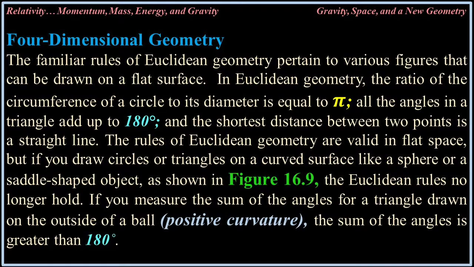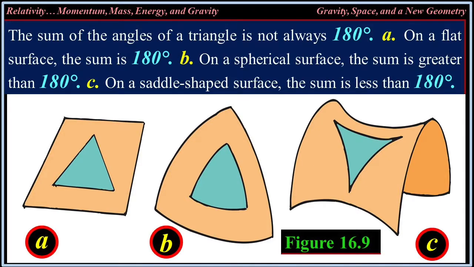The rules of Euclidean geometry are valid in flat space, but if you draw circles or triangles on a curved surface like a sphere or a saddle-shaped object, as shown in figure 16.9, the Euclidean rules no longer hold. If you measure the sum of the angles for a triangle drawn on the outside of a ball, positive curvature, the sum of the angles is greater than 180 degrees.